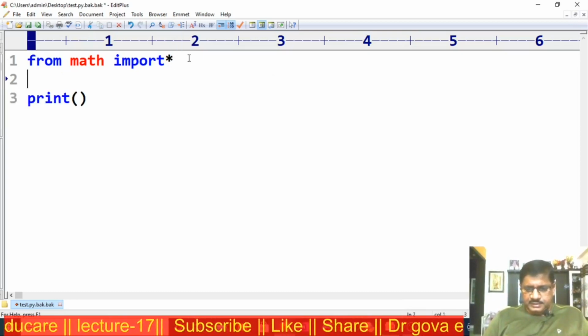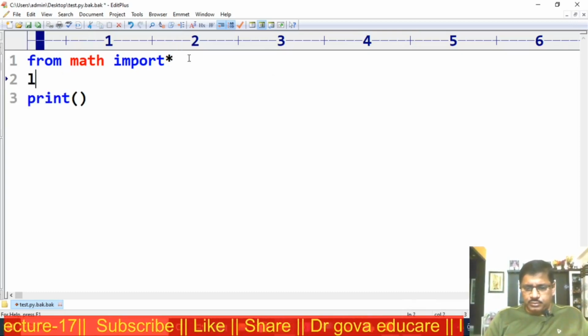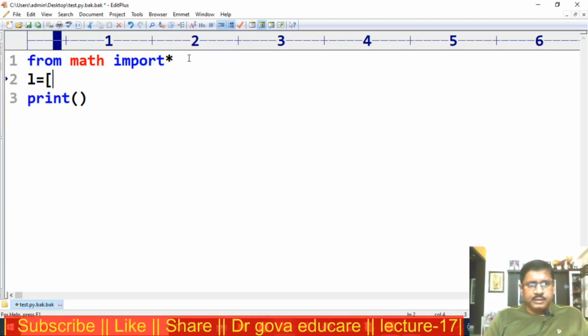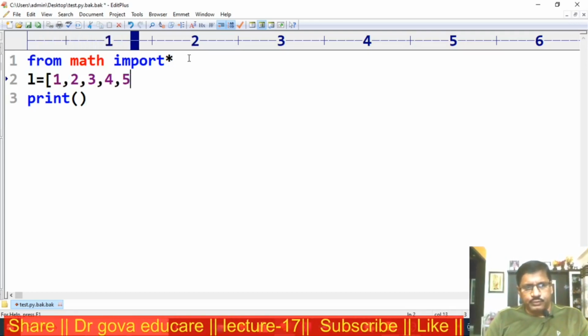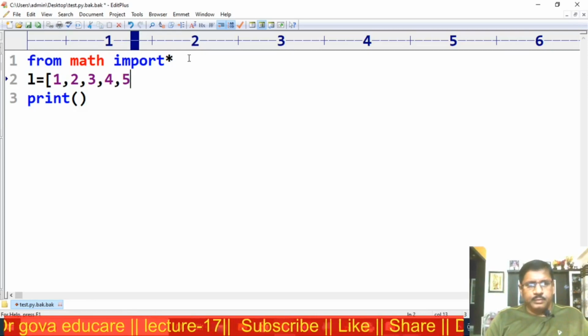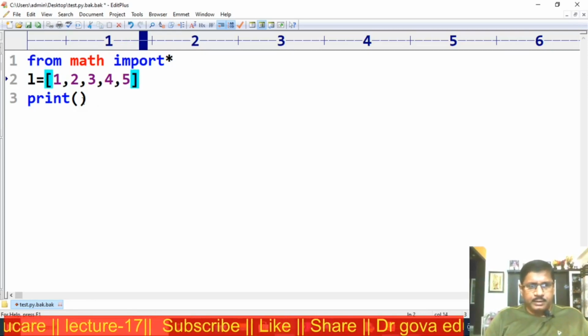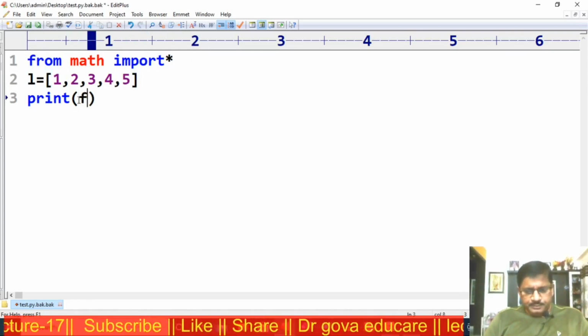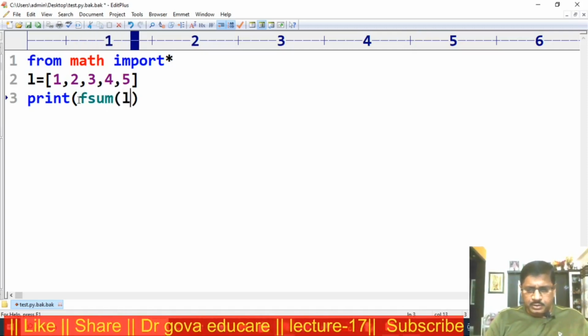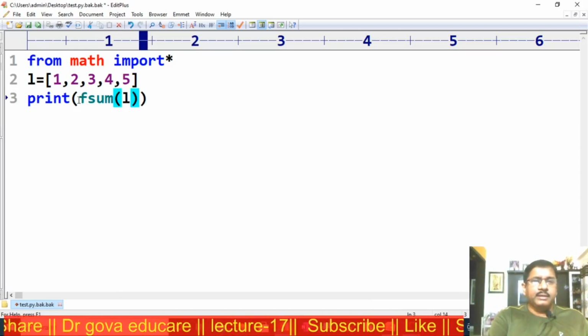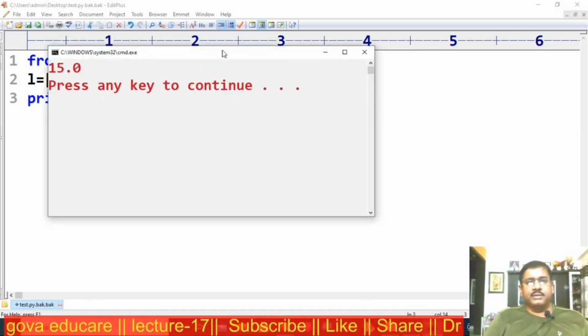Now L is equal to the list elements 1, 2, 3, 4, 5. I want to find fsum, that is the floating point sum of L. We get the sum of the values in floating point form.